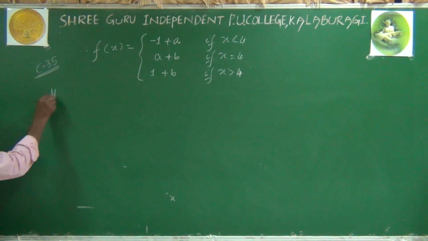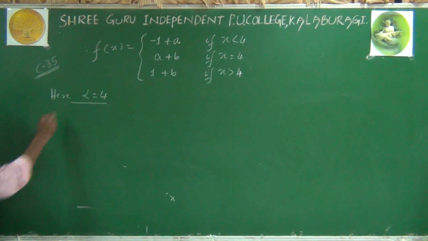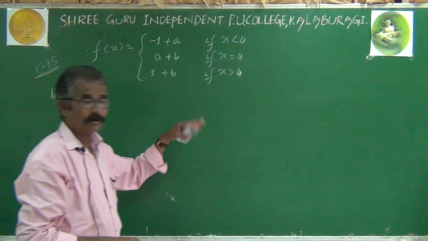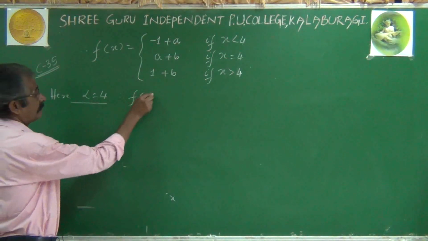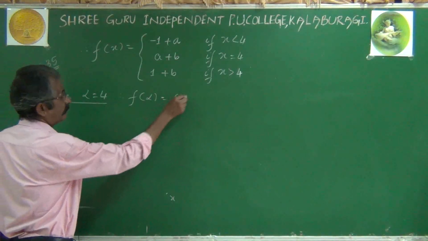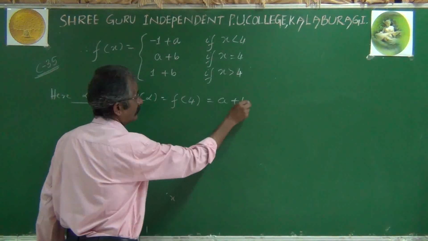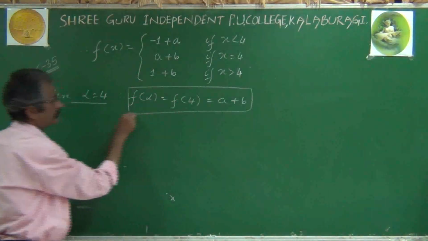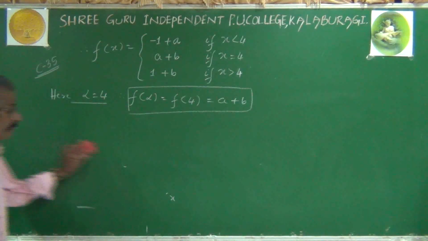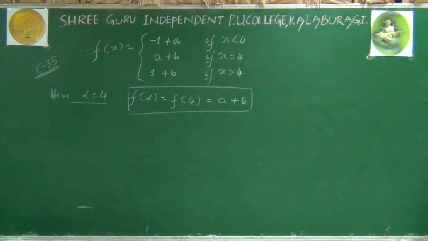Now here alpha equals to 4, because a is already in the problem. Not to confuse that, take alpha equal to 4. Accordingly, f of alpha means f of 4. F of 4 is given as a plus b. Let's find left hand limit and right hand limit.